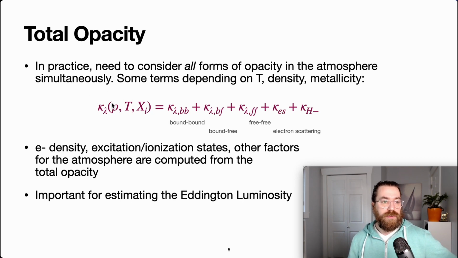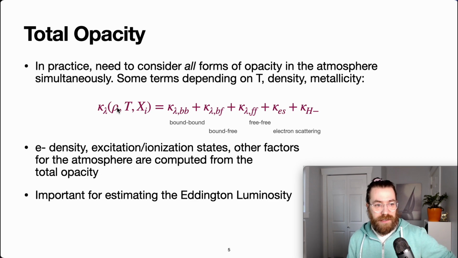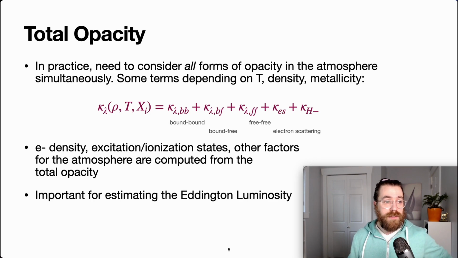And this is what you'll sometimes see for a gas or an atmosphere, which has baked into it the temperature dependence, the density, the metallicity, or the composition of the gas, right? If the gas is super metal rich, then there will be lots of opacity from the metals.